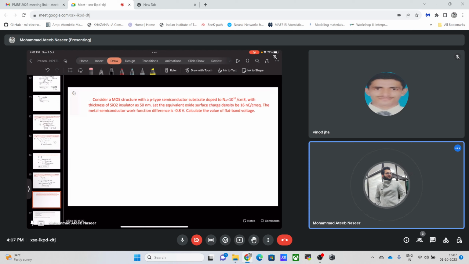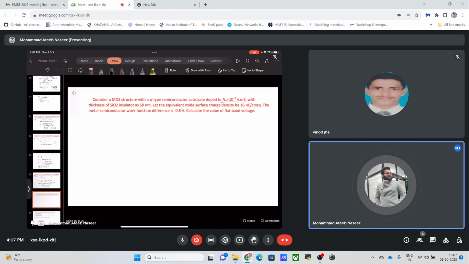Now let's move towards another problem, which says that we have to consider a MOS structure with a p-type semiconductor, and this p-type semiconductor substrate is doped to a concentration of 10 to the power of 16 per centimeter cube.